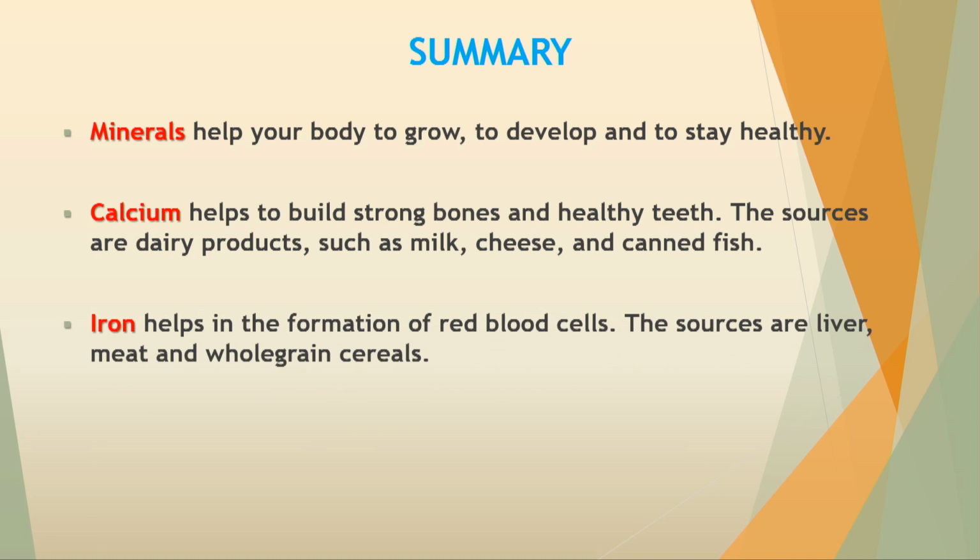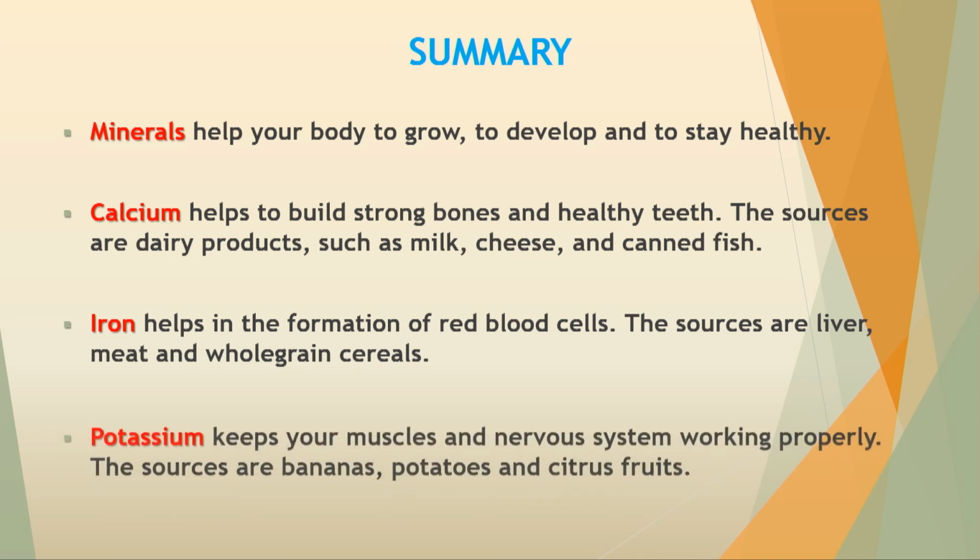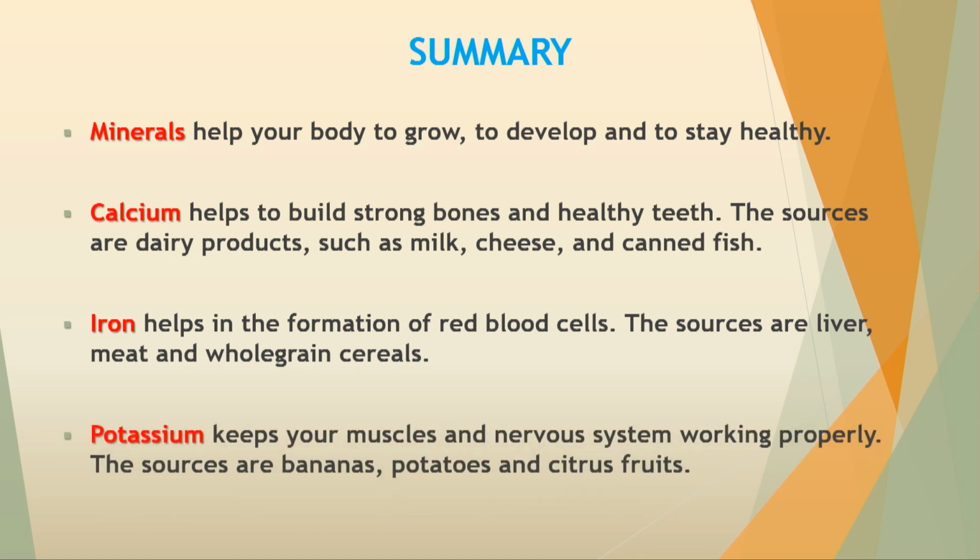Iron helps in the formation of red blood cells. The sources are liver, meat, and whole grain cereals. Potassium keeps your muscles and nervous system working properly.